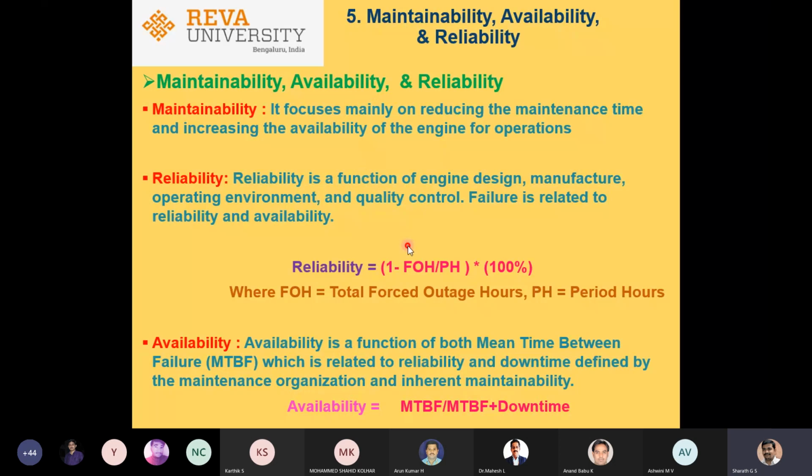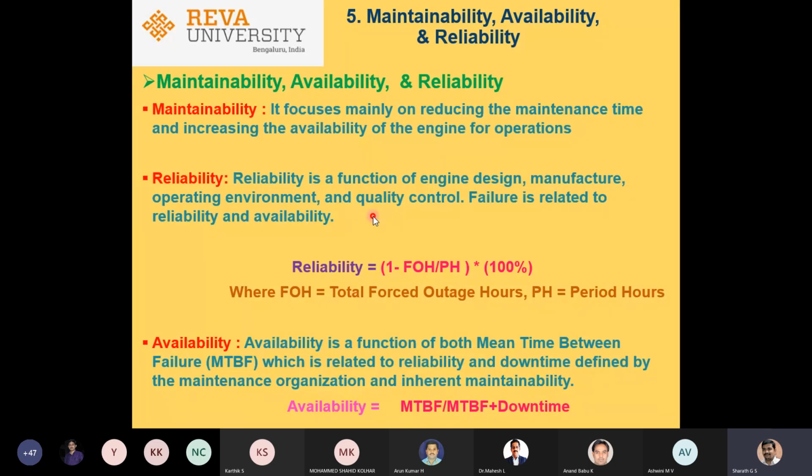Coming to reliability, reliability is a very important factor, which is something related to safety. Any engine comes with some kind of reliability. For example, the objective of a design engineer is to design the engine to its maximum life without compromising on safety and reliability. When he or she designs the engine, he designs it to its optimum life.